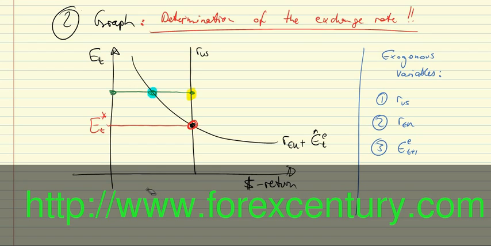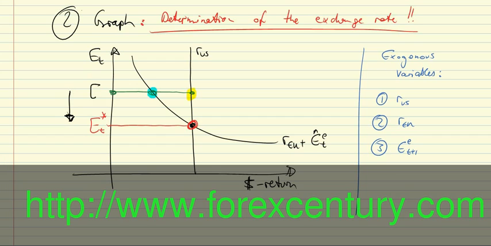Obviously, the dollar return is higher than the euro return, which means that we're going to have an inflow of funds into US currency. Europeans are going to begin to buy dollars in order to invest into the US asset, and that means that we're getting an appreciation of the exchange rate today.